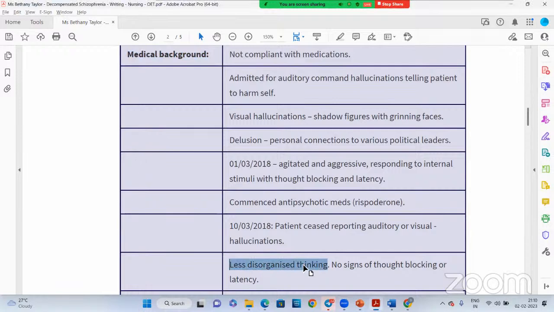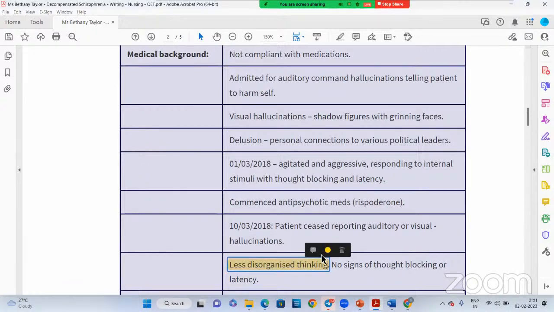Less disorganized thinking. This is one important thing. And no signs of thought blocking or latency here. Okay, less disorganized thinking.